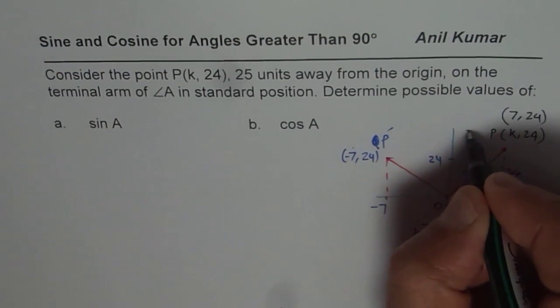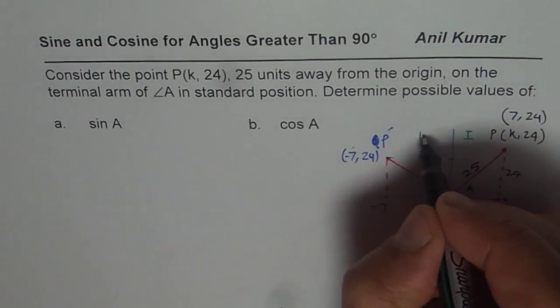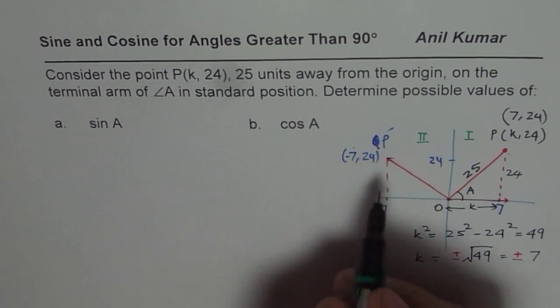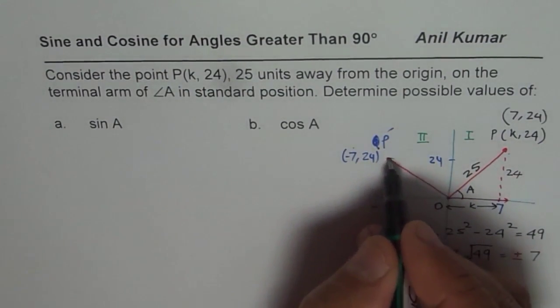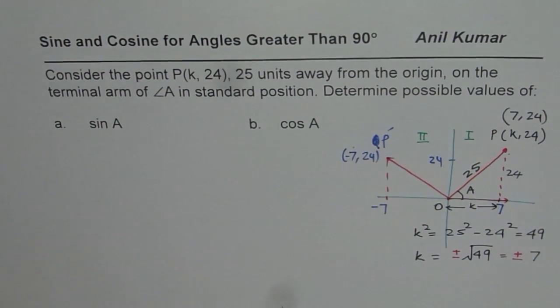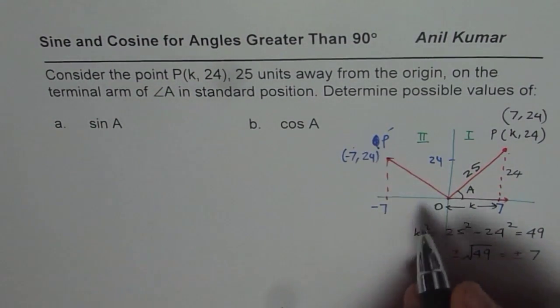So we'll work out sine A and cos A in both quadrants, quadrant 1 as well as quadrant 2. Here also, the Y value is 24 and R is the square root of 24 squared plus 7 squared, so you can find OP dash.